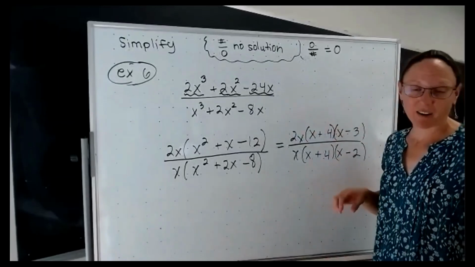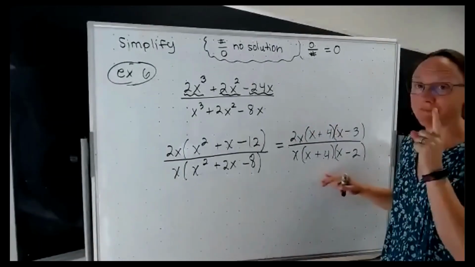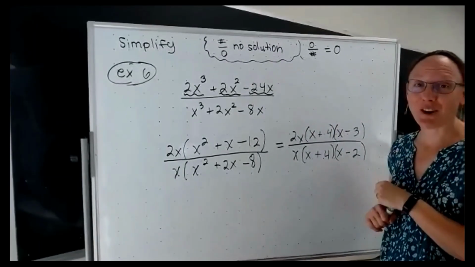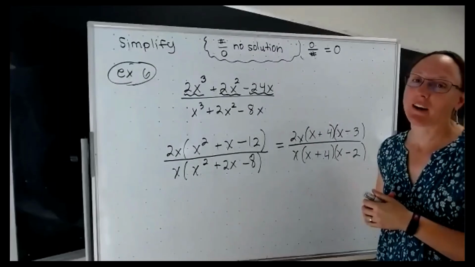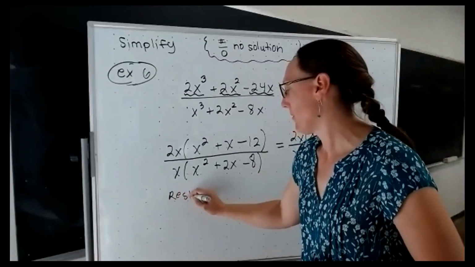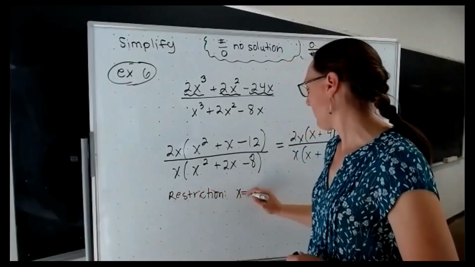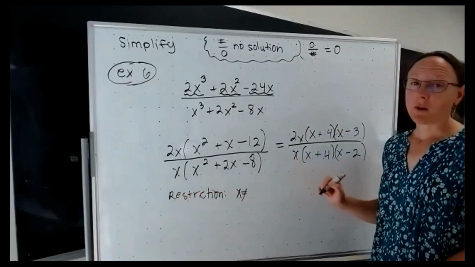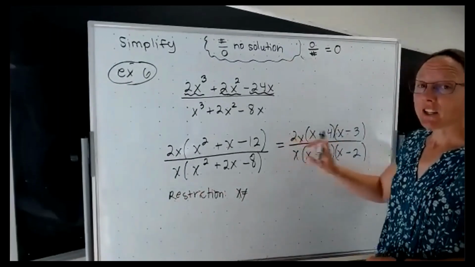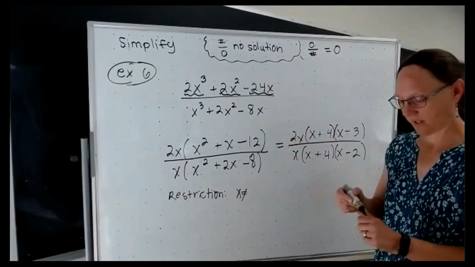But now that we're here, I'm going to look for any of those common, oh, actually, I'm going to pause. Now that we've got the denominator factored, I might as well go ahead and write out the restrictions. So for each term in the denominator, what value of x would make it equal to 0?